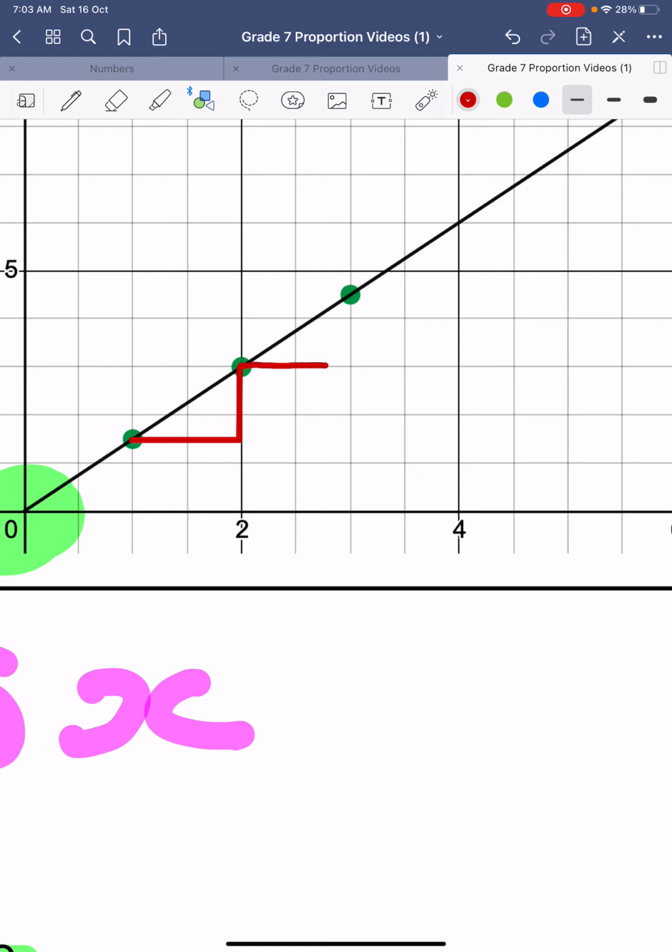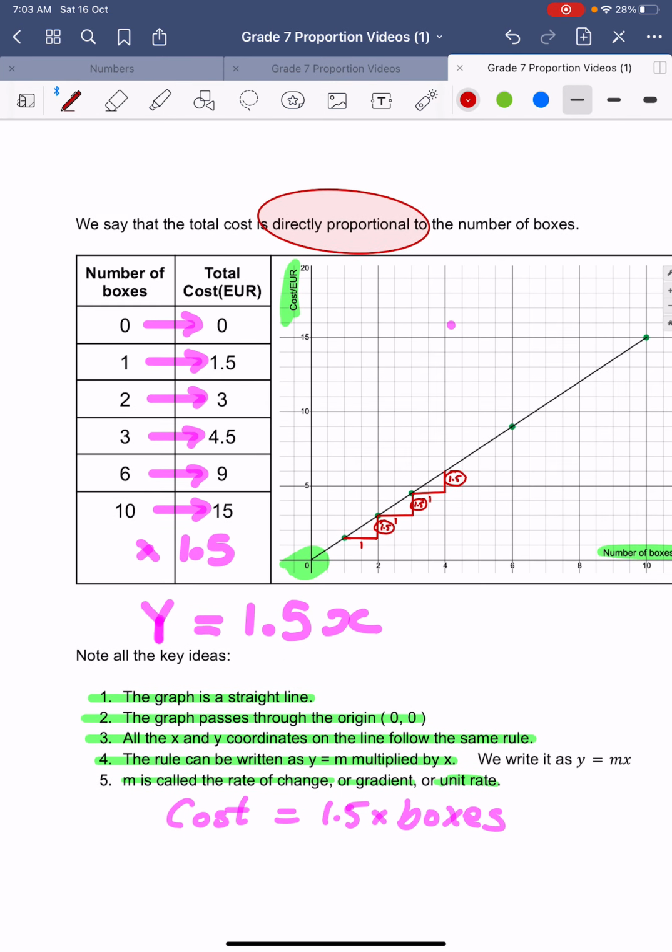From here to the next point, one box along and up 1.5 euros, and again. So this is 1 along, and this is 1.5 up, 1.5 up, 1.5 up. And it's this number going up for every one along that is the unit rate. And can you see that actually is the cost for one box, or the average cost of the biscuits.